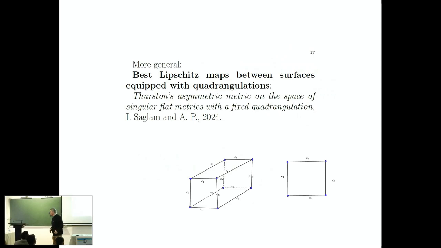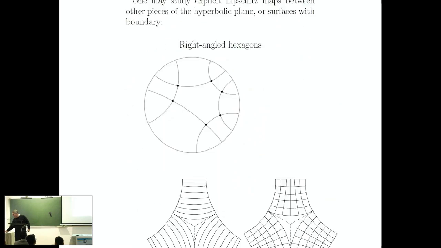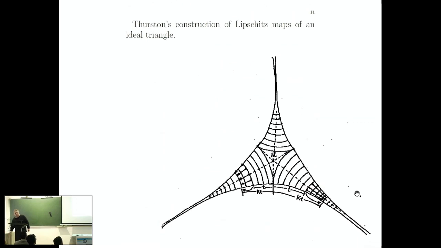A Lipschitz map from one ideal triangle to another is the absolute model for these best Lipschitz maps between hyperbolic surfaces. In this particular example, the map is defined from where to where? The map is defined from this ideal triangle to itself, but it could also be defined from one ideal triangle to another one.